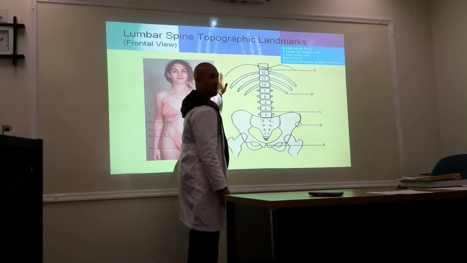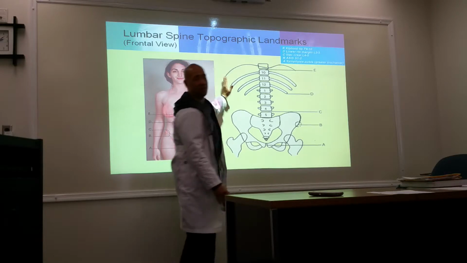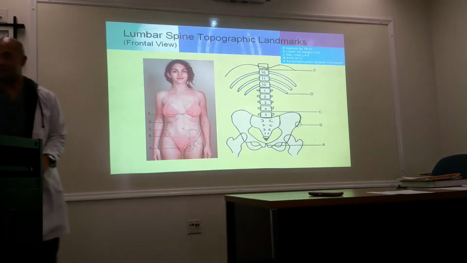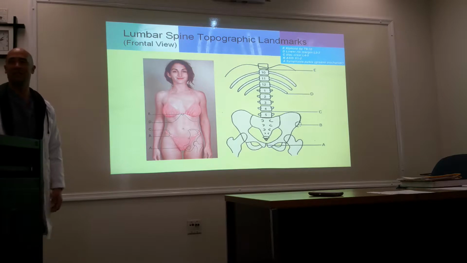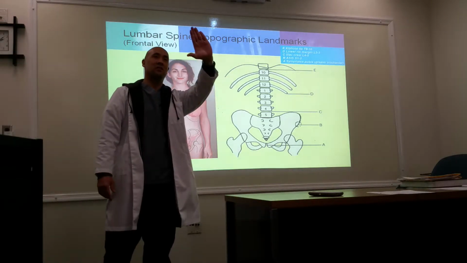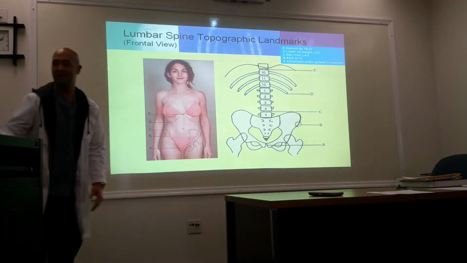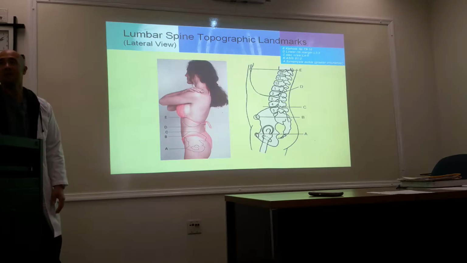Where should the edge of my palm be when you're looking for the L5 spine? Right at the crest. We'll cover that in a bit. There are many ways to find it. The way I learned it was, Ken, you did this right. Yeah, I do this too.